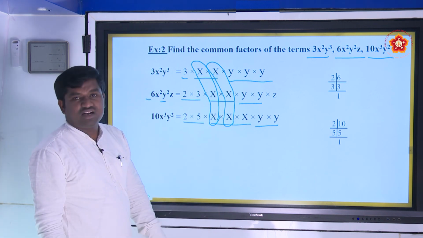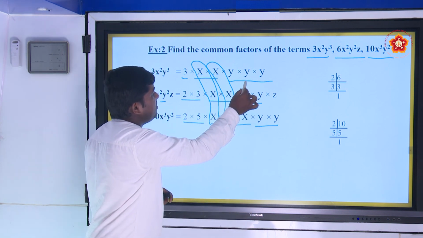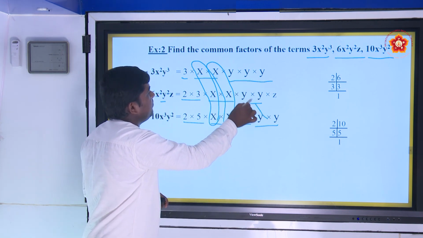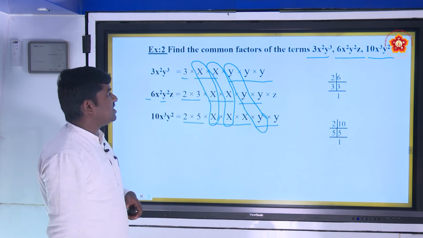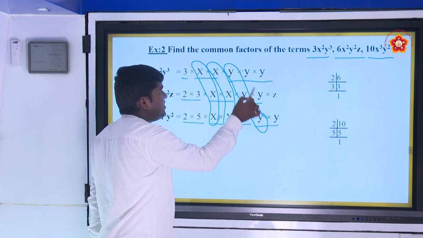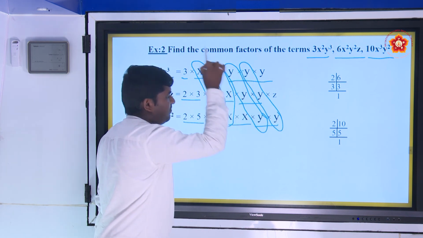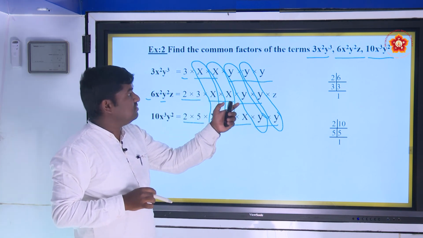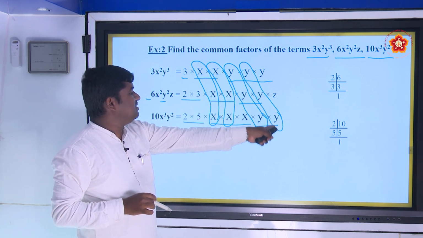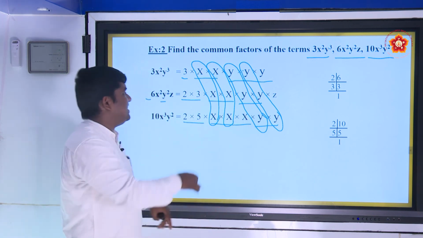Next, any other factors common? Yes, y, y and y. These are the same. Next, any other factors common? No, y, z: there are no common factors here.